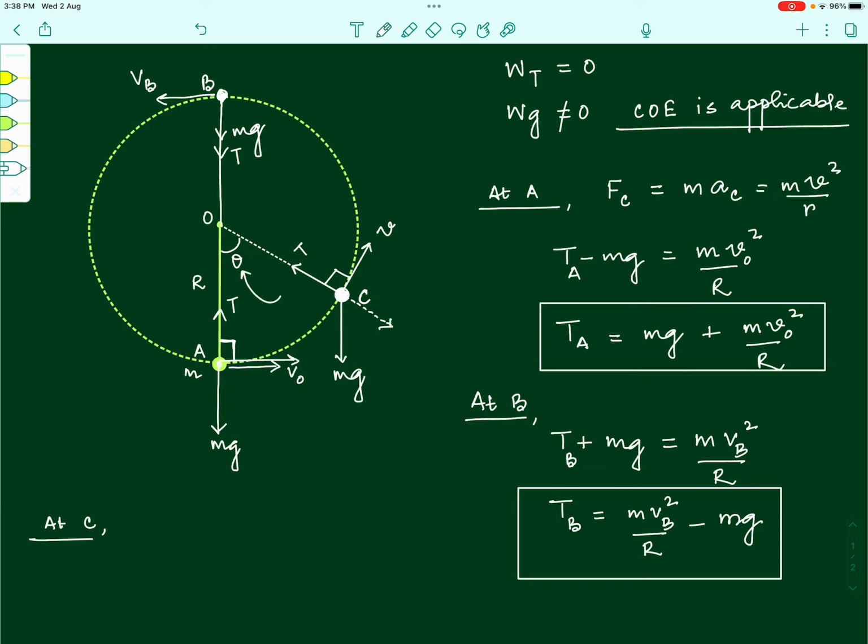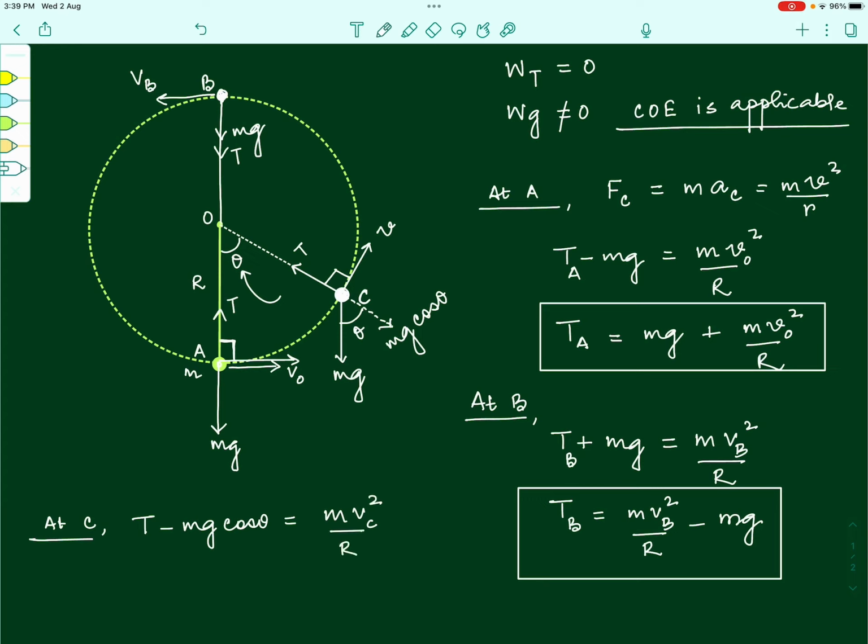Because this angle is theta, this angle will also come out to be theta, and the component of mg will be mg cos theta in the radially outward direction. So the net radially inward force then will be T minus mg cos theta, isn't it? So we write it as T minus mg cos theta is equal to m into Vc squared by r, the velocity at the point C.